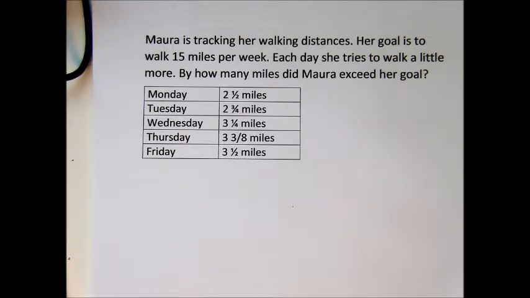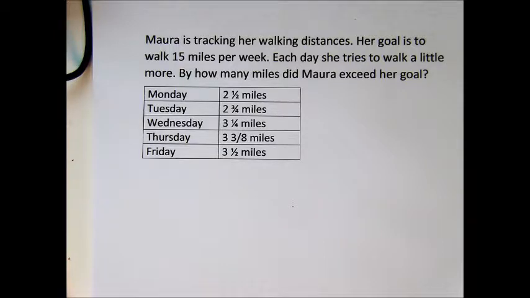But before I can do subtraction, I need to figure out the total miles that Mara walked. And because this is a fraction problem, or there's mixed numbers, I'm going to have to work with fractions that have uncommon denominators.